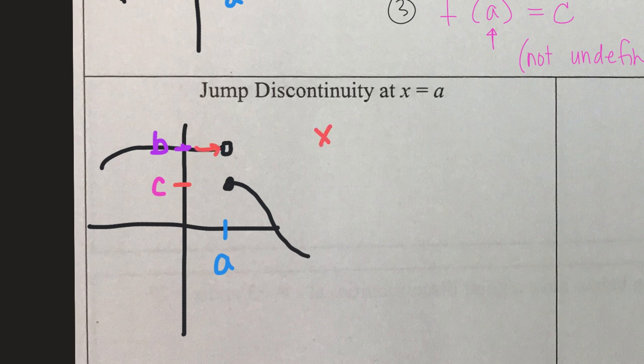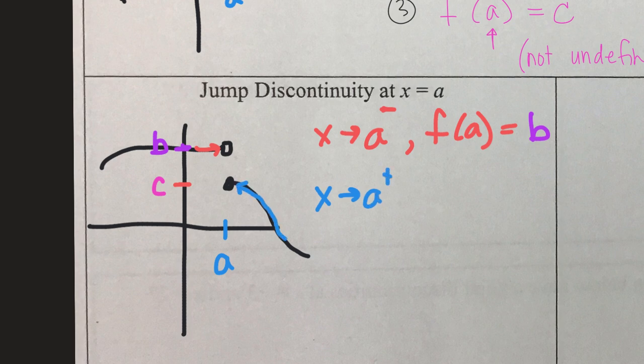As x approaches a from the left, our y value is, in this case, we're calling it b. Okay, so as x approaches a from the left, as we're moving along our graph towards that x value, the y values are going to something, right? There's always going to be a y value there. Okay, conversely, as x approaches a from the right, as we're coming at it in this direction, the y value is something else.